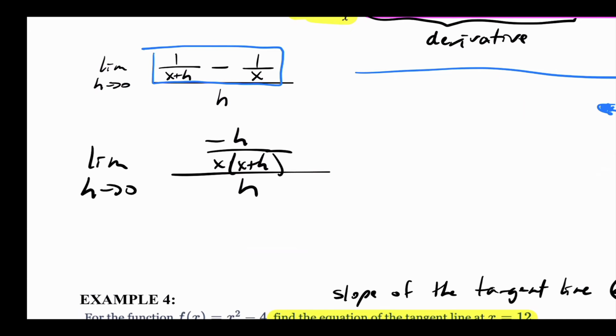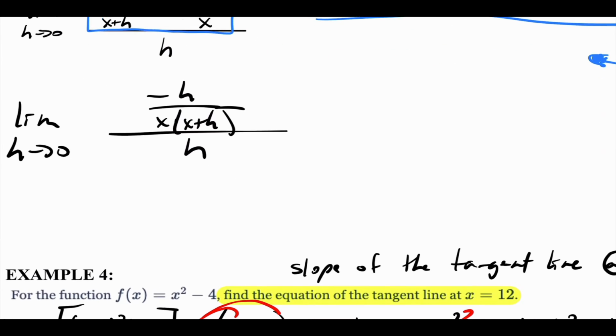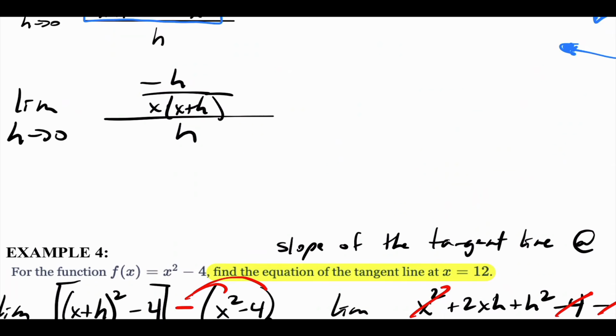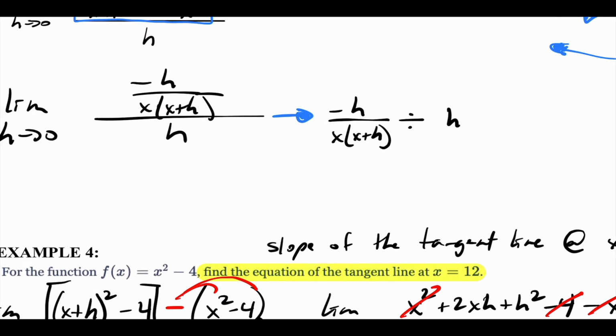Okay. We got work left to do. So what we did last chapter was we changed this to a division problem: negative h over x plus h, divided by h. Well, when we're dividing fractions, we multiply by the reciprocal of the second one.